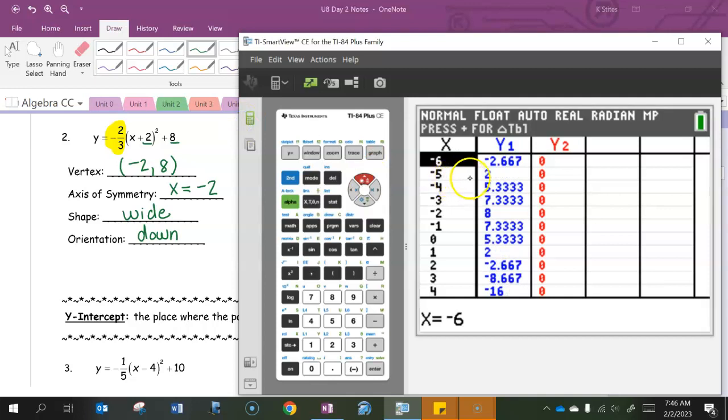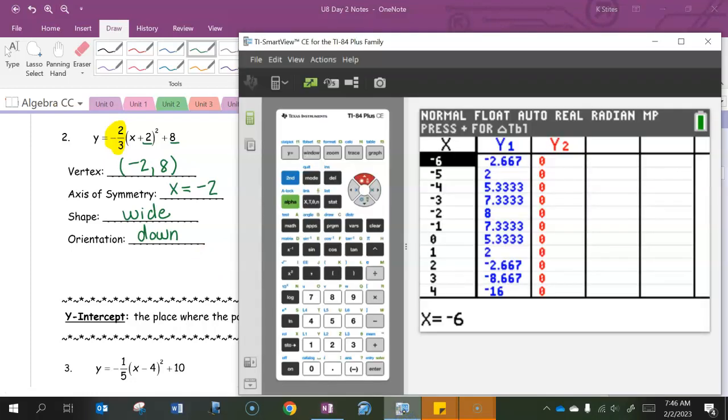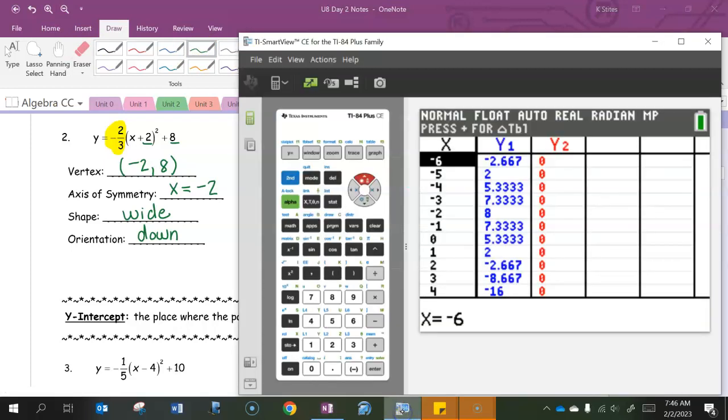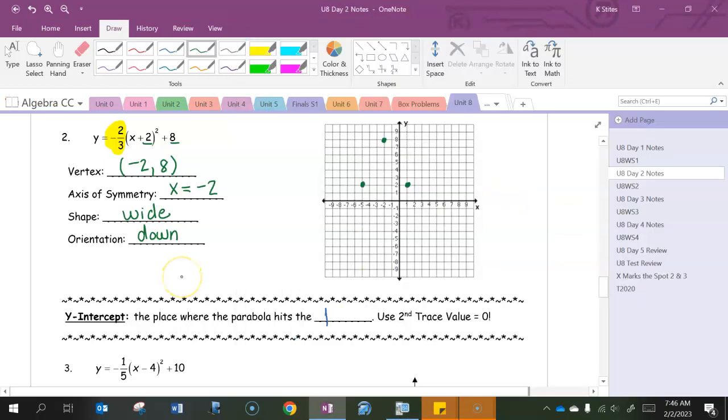Let's see if we can find any nicer points. So we have a -5, 2, and a 1, 2. Oops, that's 2, 1. We're just going to see if we can find any nicer ones. Are there any other ones? Yeah, so the next one's at -16. So this is it. We're just going to go like this. Okay, it's not perfect. And then go ahead and draw on your axis of symmetry.